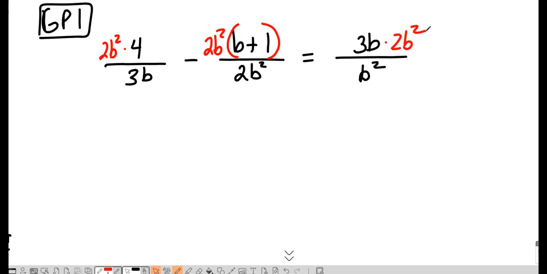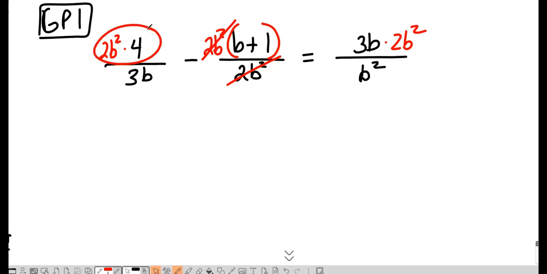Okay. I mentioned there's one that we could just kind of cross off right away. So, Arsenio, which one can we just cross off right away? Yep, because that's the one that we multiplied by, right? The 2b squared. So here, these just go away. Completely done. All right. But for these other ones, we'll go ahead and multiply them together.